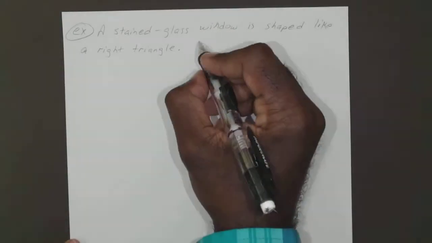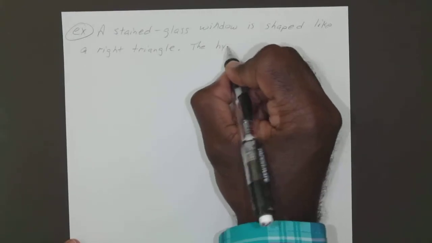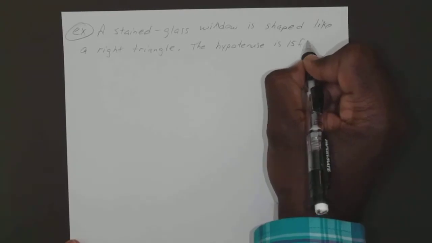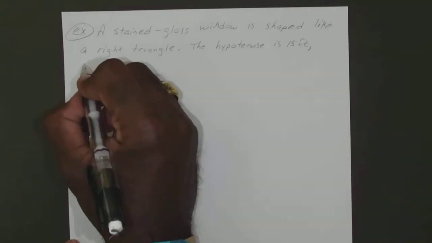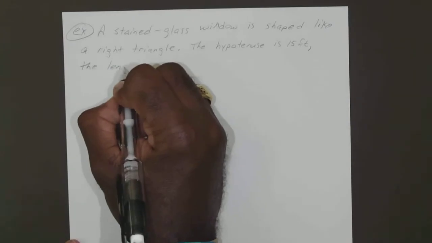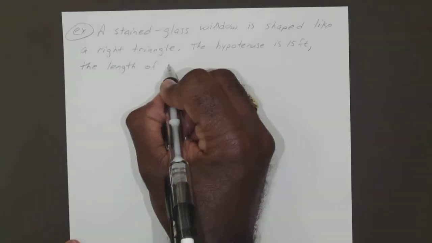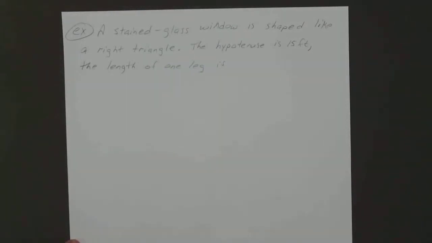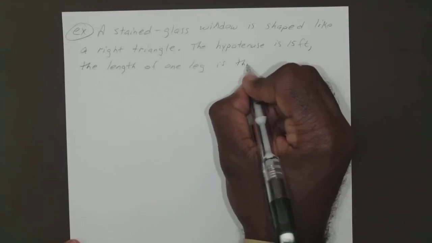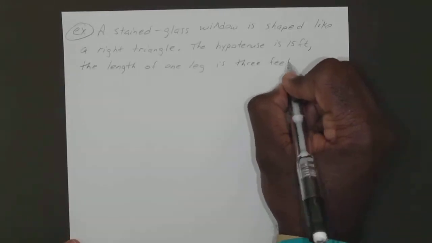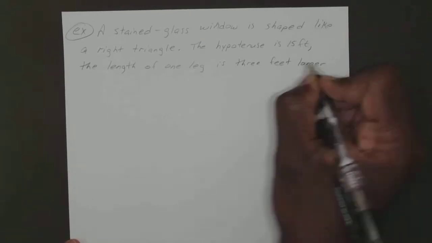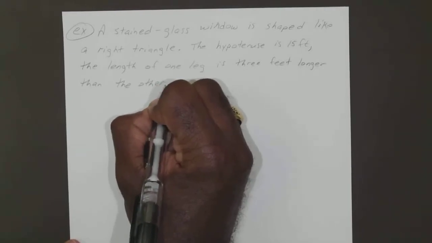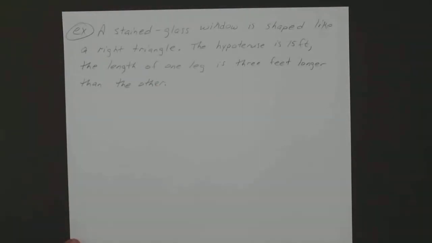So we know the hypotenuse is 15 feet. The length of one leg is 3 feet more than the other. Let's say we want to find the length of the sides.